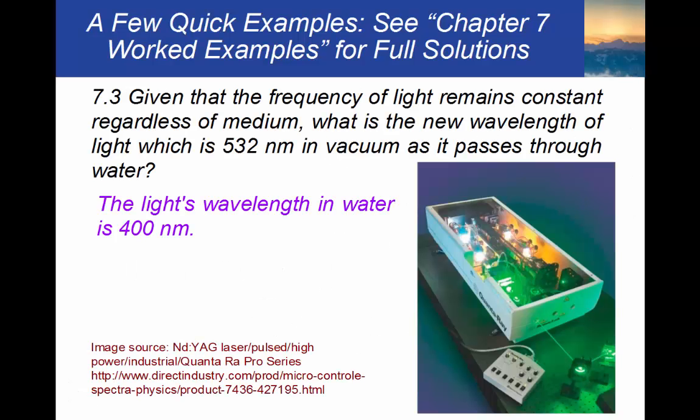In other words, if we're using a neodymium YAG laser that's frequency doubled, then the wavelength of that laser happens to be 532 nanometers, and the wavelength in water is going to be 400 nanometers.